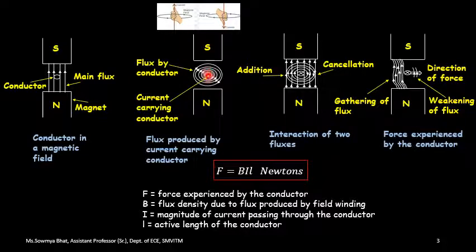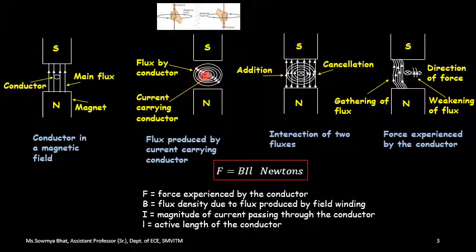It is going in, away from the observer. So I now have a current carrying conductor, provided with the battery, behaving like a closed circuit, with current carried in that conductor.